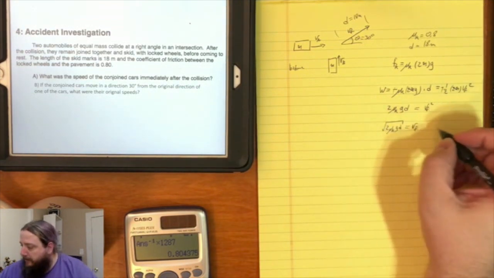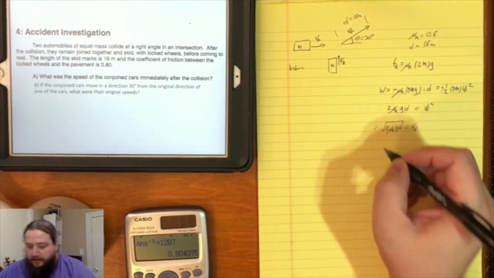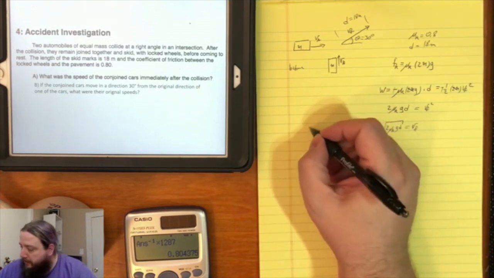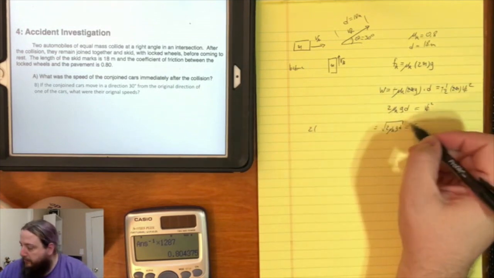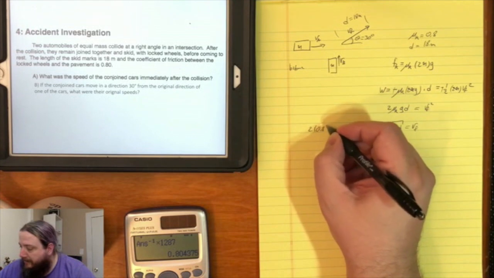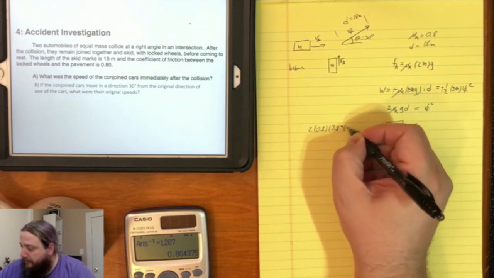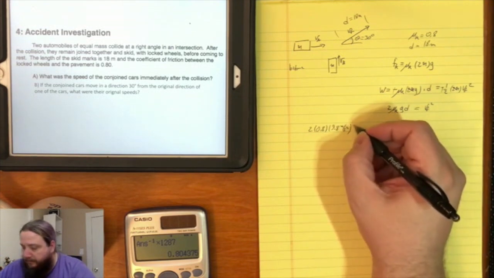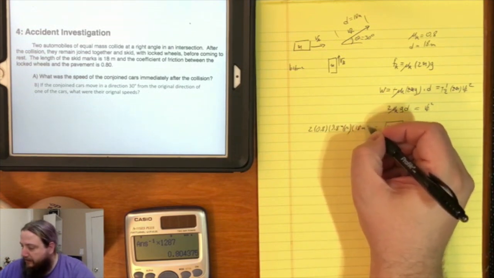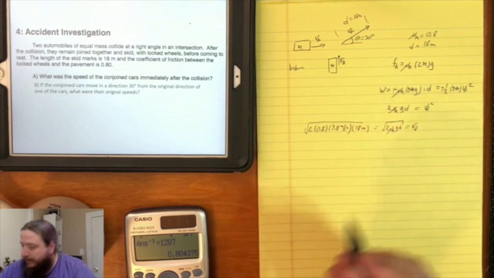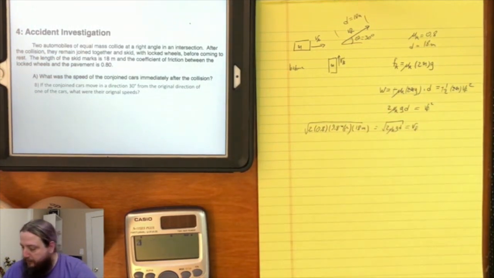And we can plug in some numbers here. That's going to be 2 times our mu k, 0.8, times 9.8 meters per second squared times 18 meters, and that turns out to be 2 times 0.8 times 9.8 times 18. Take the square root of that.